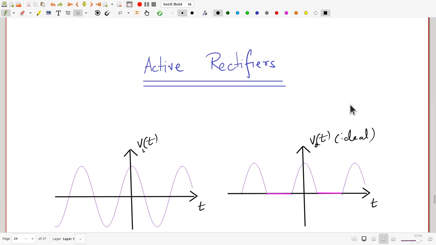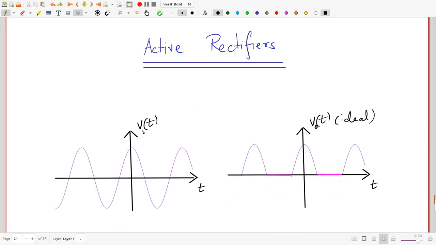To explain that, let me just remind you of the kind of output an ideal rectifier should have. If you have an input signal which goes up and down, both positive and negative like this, the output should only pick out the positive cycles from the input, and whenever the input is negative, it should give you 0 as an output.